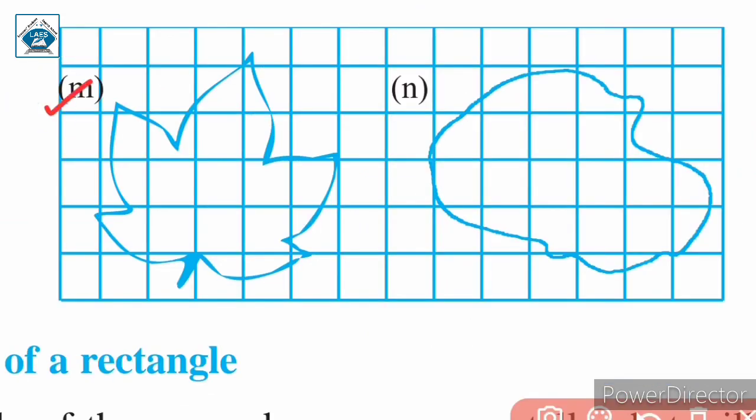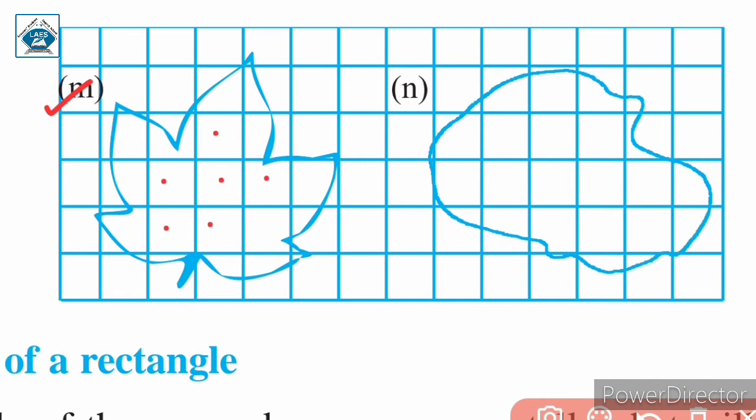In the next part, we are given a shape that again does not have straight lines in it. So let us count the complete squares first. So here 1, 2, 3, 4, 5, 6 complete squares can be seen. That is, these squares here are completely filled.